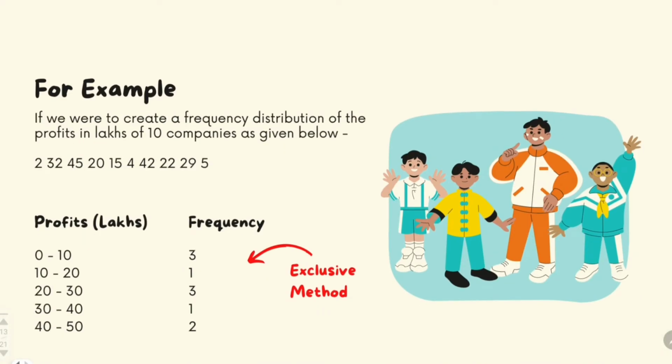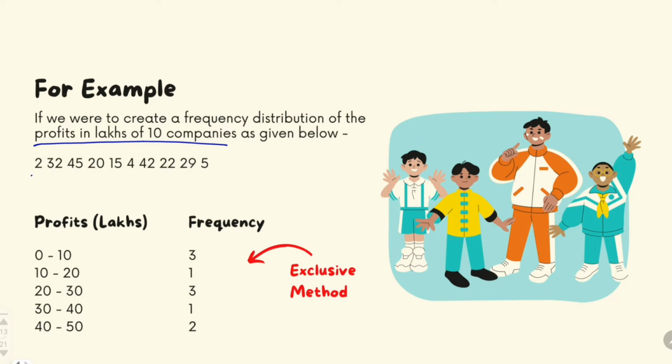When we talk about the range of values, we have 3 methods to find out the frequency. The first one we are seeing over here is the exclusive method. What it means is that, over here we have the profit in lakhs of 10 companies.